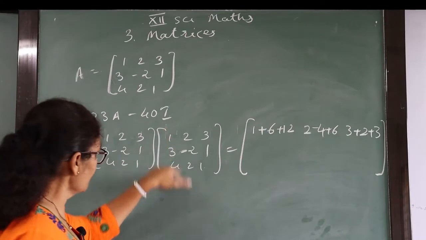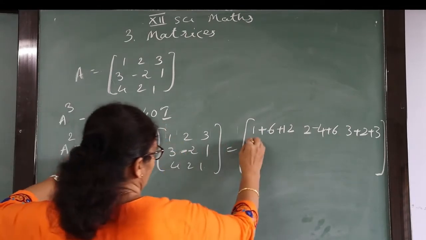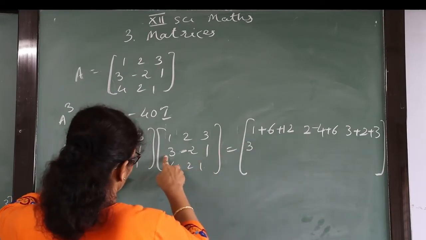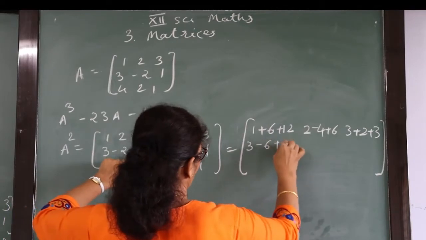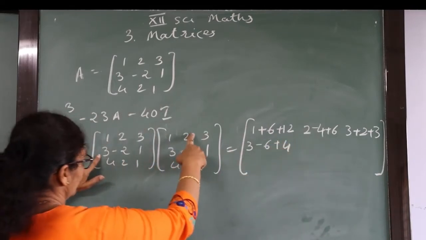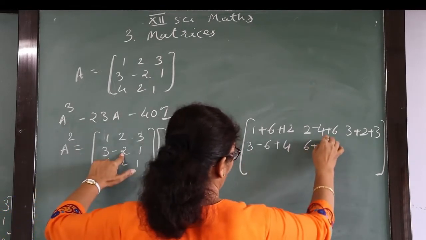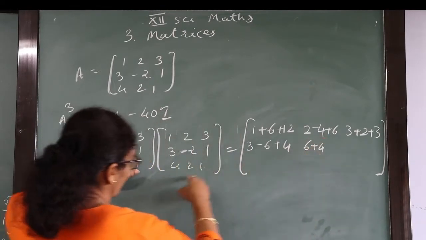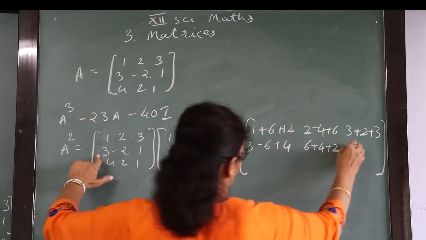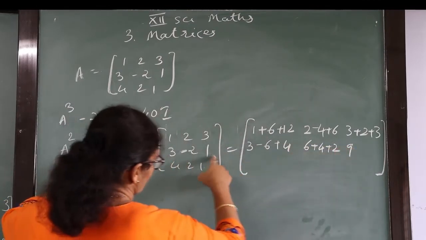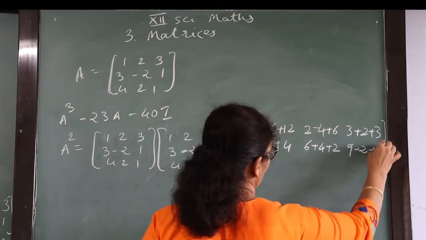Now the same procedure with the second row and then the third. Let's start with the second: 3 1s are 3, then 3 2s are minus 6, and 4 1s are 4. Same way with second column: 3 2s are 6, 2 2s are 4, minus minus plus 4, and 2 1s are 2. Now with the last column: 3 3s are 9, minus 2, and 1 1s are 1.